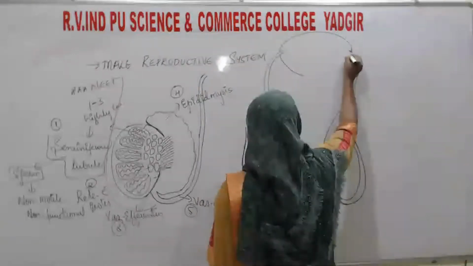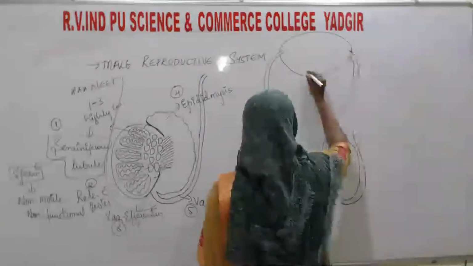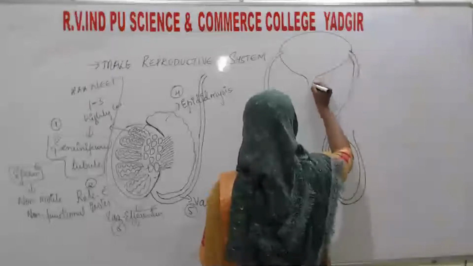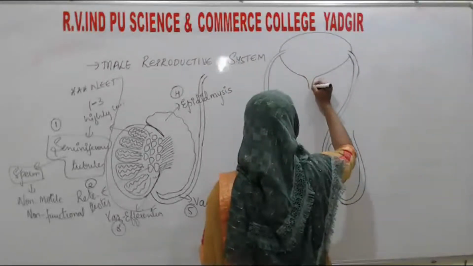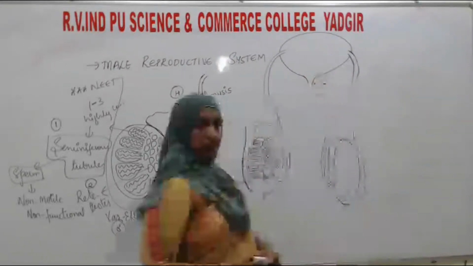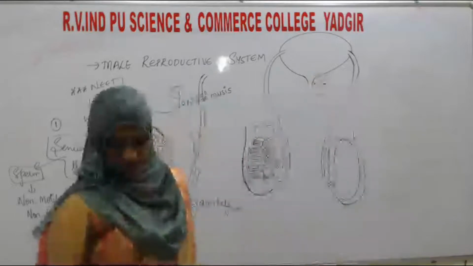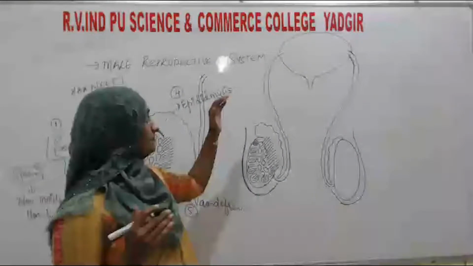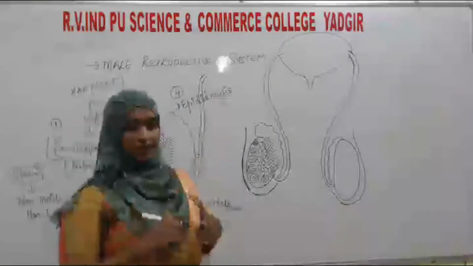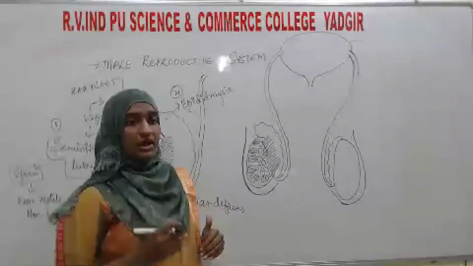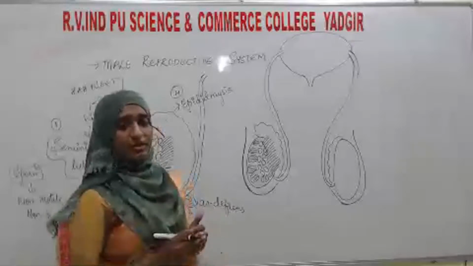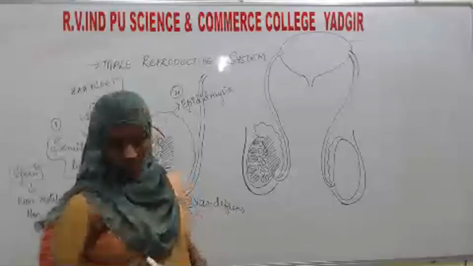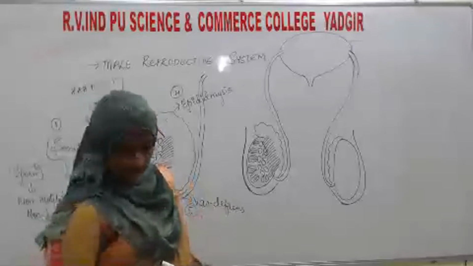This is the urinary bladder. Here the urinary bladder, this particular vas deferens runs along it to the duct of a gland that is known as the seminal vesicle. What is it? It is the seminal vesicle.